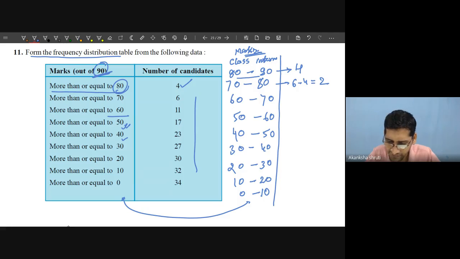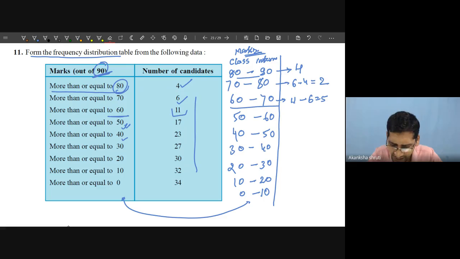Okay, student? For 60 to 70, observe 60 to 70. It is our 11. 11 is more than 60. Then more than 60 includes your 60 to 70 as well as more than 70. So it is our 11 minus more than 70, which is our 6. So it becomes 5.